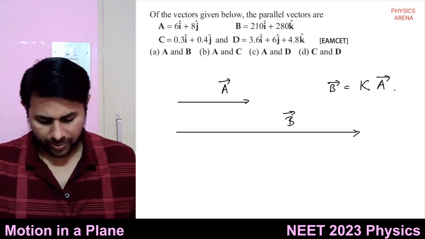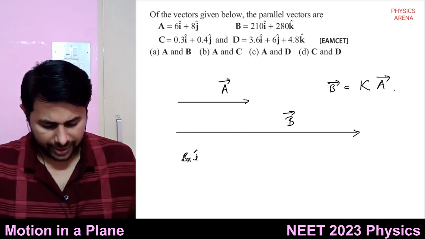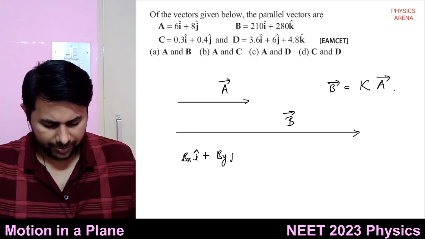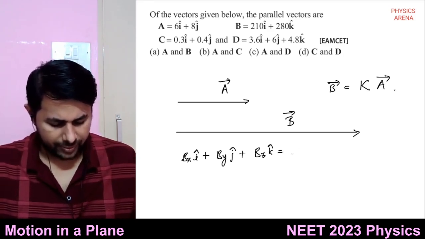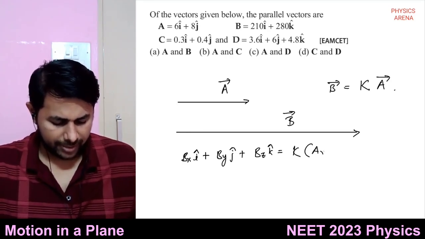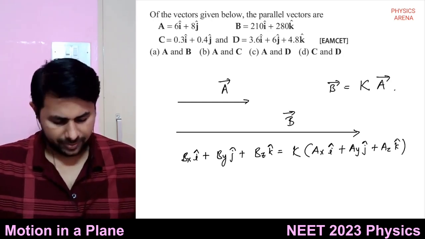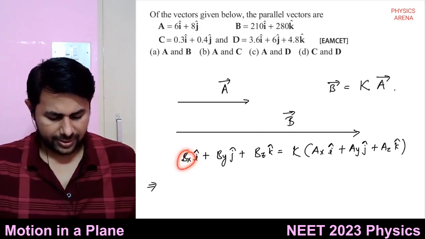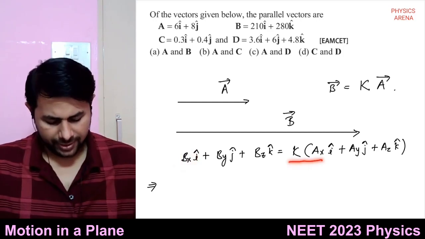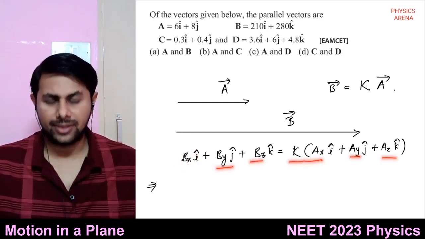Therefore, bx times i cap plus by times j cap plus bz times k cap is equal to that constant multiplied by ax times i cap plus ay times j cap plus az times k cap. From here, bx is equal to k times ax, by is equal to k times ay, and bz is equal to k times az.